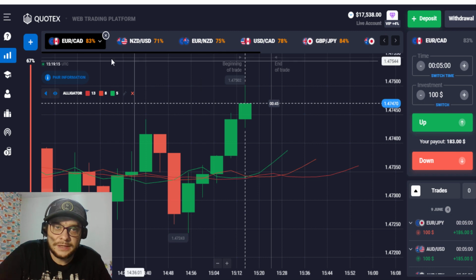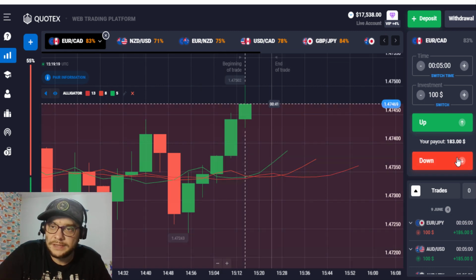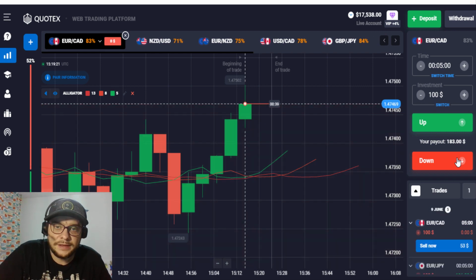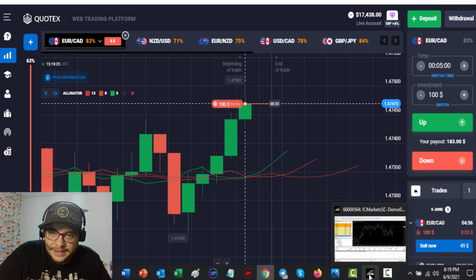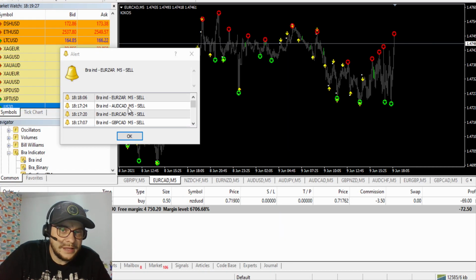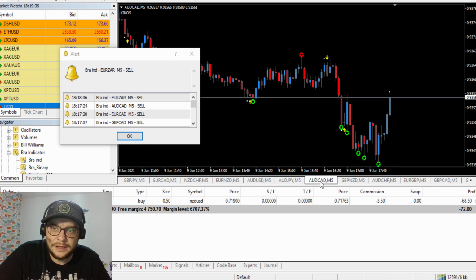Euro Canadian dollar, and we have 83% return on investment. And let's place a down trade here. And the other one, Australian dollar, Canadian dollar, is not formed, as you can see.